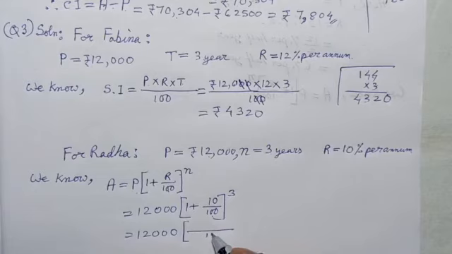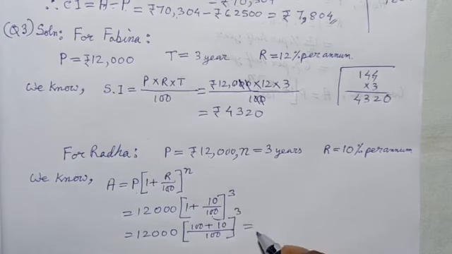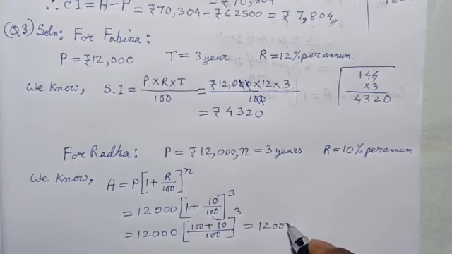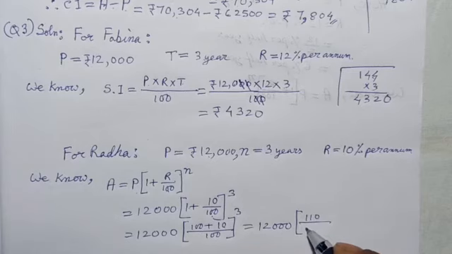If we take the LCM 100, 1 into 100 is 100, plus 10, whole to the power 3. Next, 12000 into 100 plus 10 is 110 by 100, whole power 3. The zero cancels.